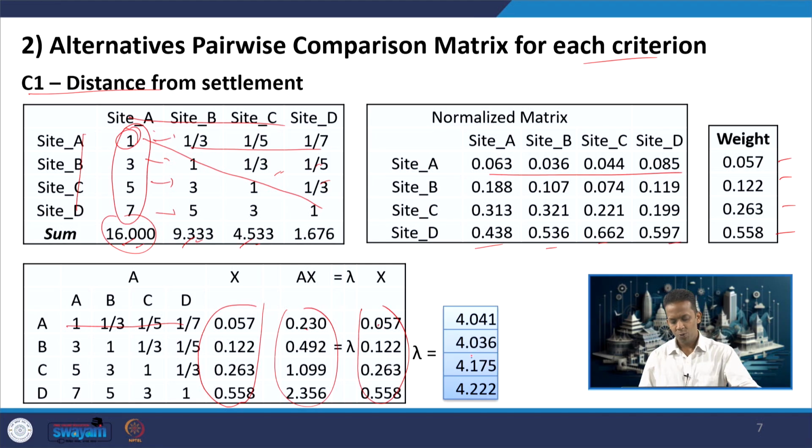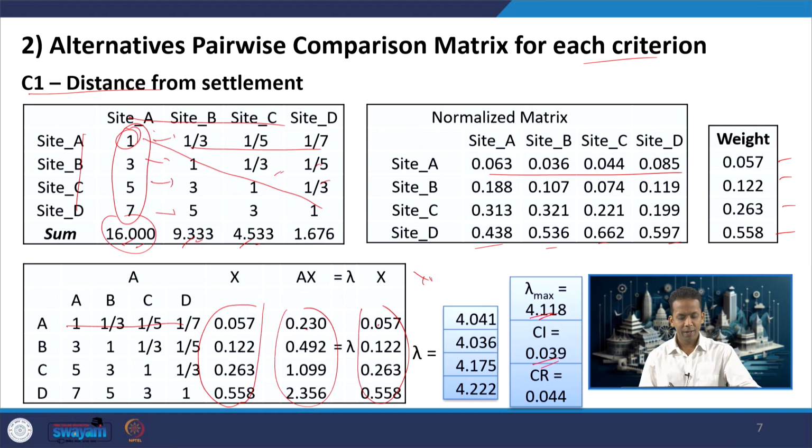The average of it would be close to 4 because it is a 4 by 4 matrix. Consistency index is calculated by lambda max minus n by n minus 1, where n is equal to 4 here. So, it is 0.039, and consistency ratio is CI by RI. Random index for a 4 by 4 matrix is 0.89. So, it is acceptable because it is less than 0.1.